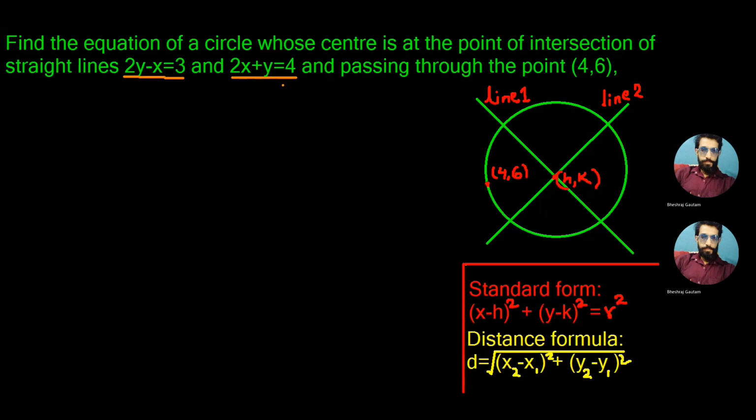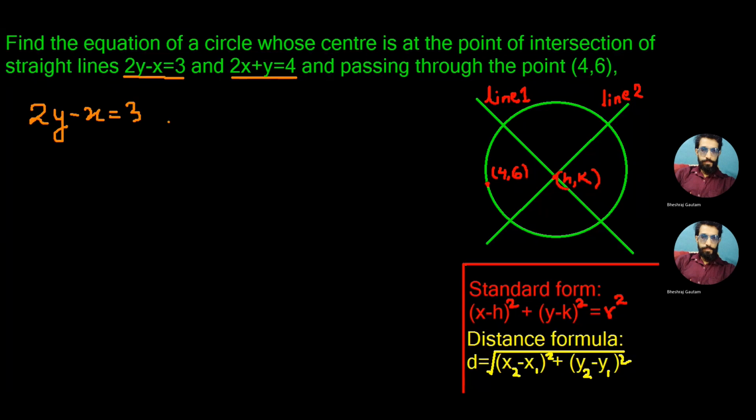Now, in this type of questions, first of all, we target to find the intersecting points. To find that, we need to solve the equations of the straight lines either using substitution method or elimination method. Let's use the substitution method today. As given, equation of first straight line is 2y minus x is equal to 3.